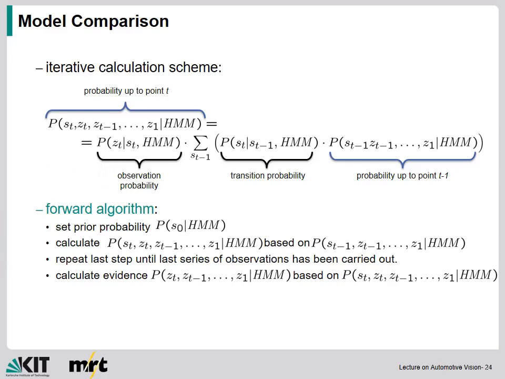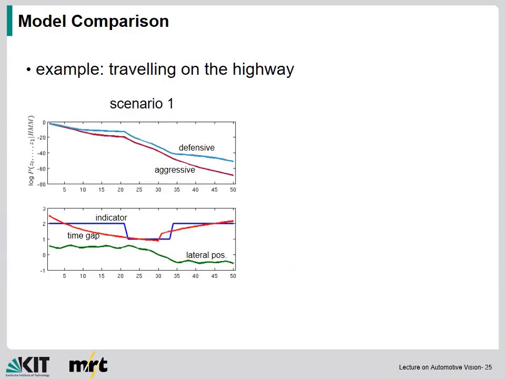And then we repeat that until we have considered all the observations for all points in time, and finally we can calculate the evidence terms based on the formula that we have calculated so far, by actually integrating out the present state.